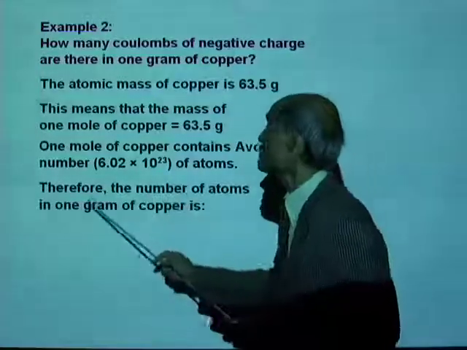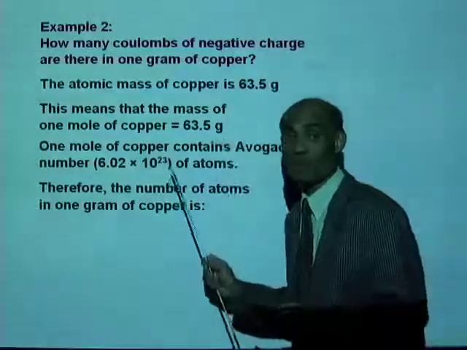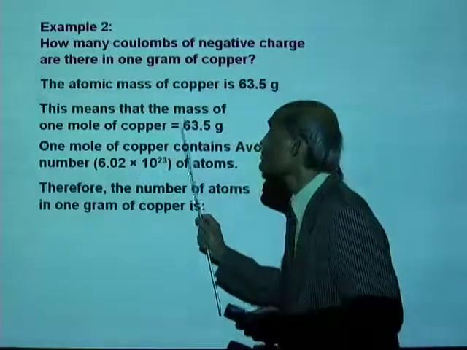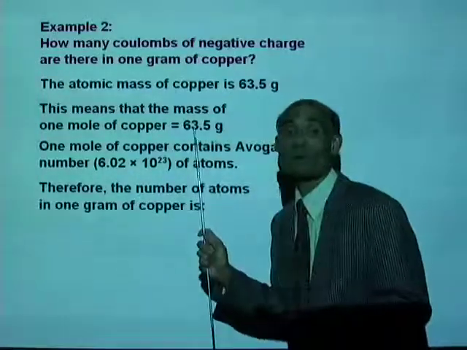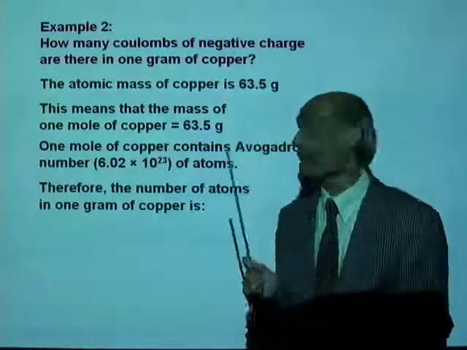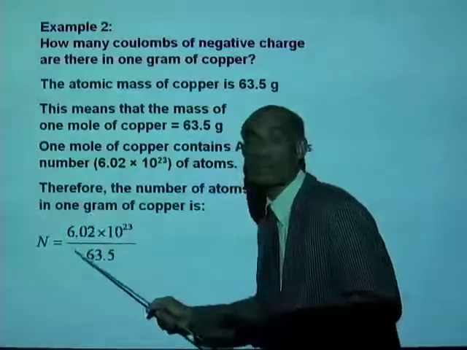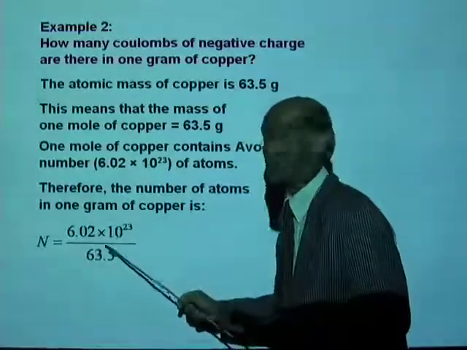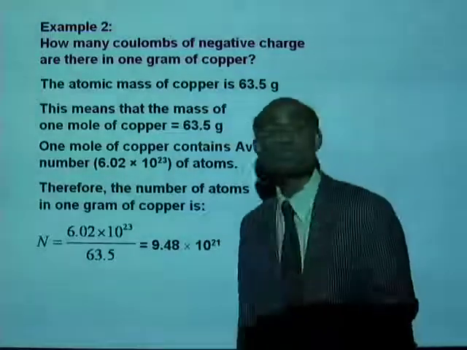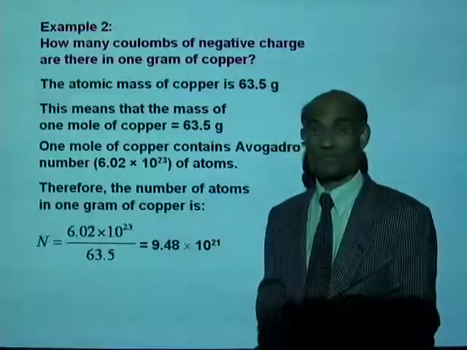Therefore, can you tell me the number of atoms in 1 gram? This many atoms are contained in 63.5 gram of copper. Therefore, what is the number of atoms in 1 gram of copper? That will be the total number divided by its mass. And that is 9.48 times 10 to the 21 atoms in 1 gram of copper.